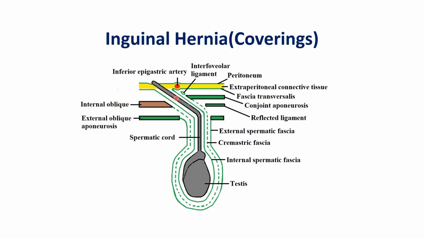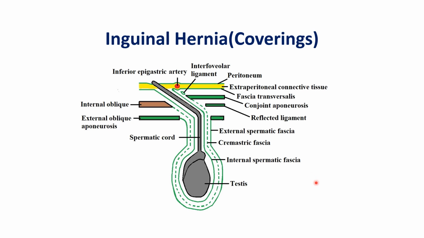So such a hernia is called indirect inguinal hernia, and we say that the ring occlusion test is positive in case of indirect inguinal hernia, because we have reduced the hernia and put our finger here and occluded the deep inguinal ring. So if on coughing the contents try to push out through the deep inguinal ring and hit the finger, it means that the type of hernia is indirect inguinal hernia.